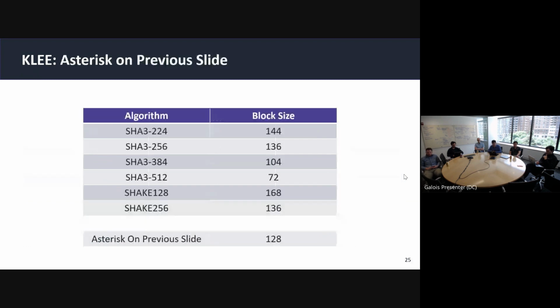There is a little asterisk: if you actually want KLEE to terminate, then the block size needs to be a power of 2. So if I assume I'm looking at some variant of SHA-3 that processes blocks of powers of 2, let's say 128 byte blocks, then KLEE terminates, but otherwise KLEE doesn't terminate.